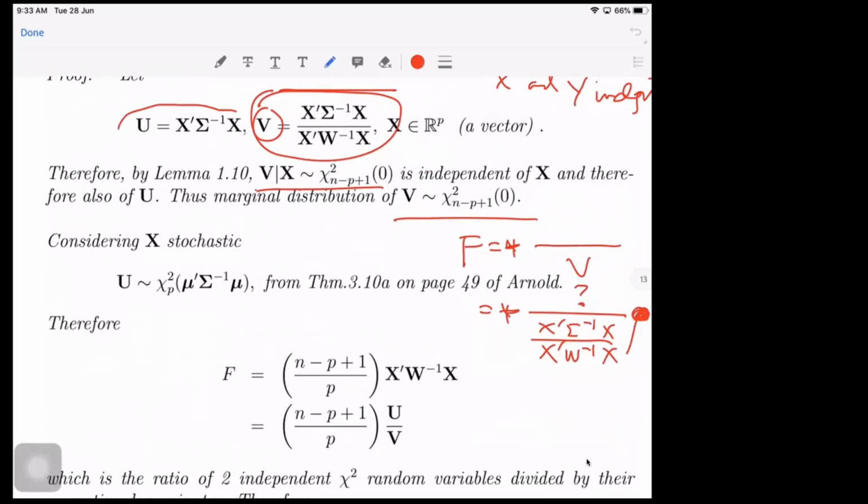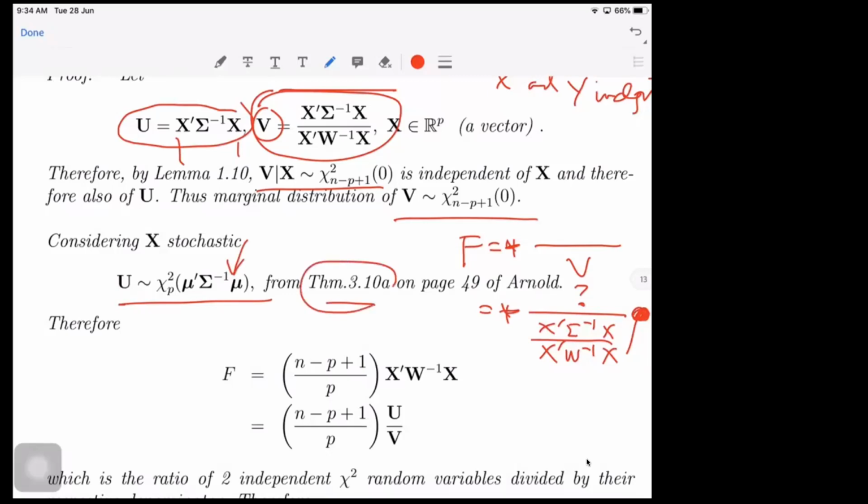This is U. What is the distribution of U? Since it is a quadratic form, it is chi-square with a non-centrality parameter.